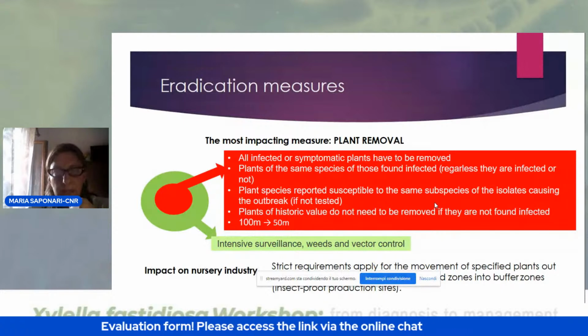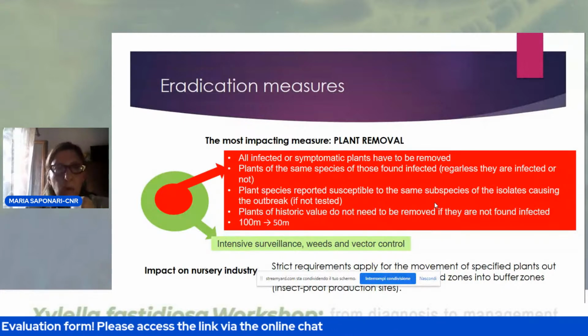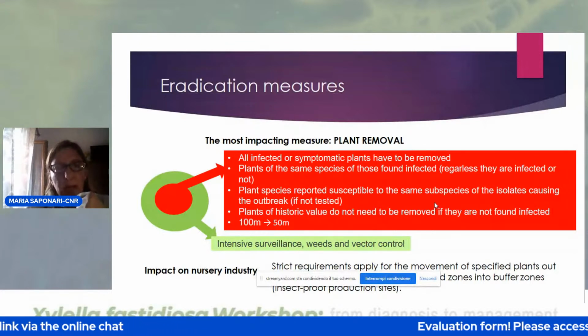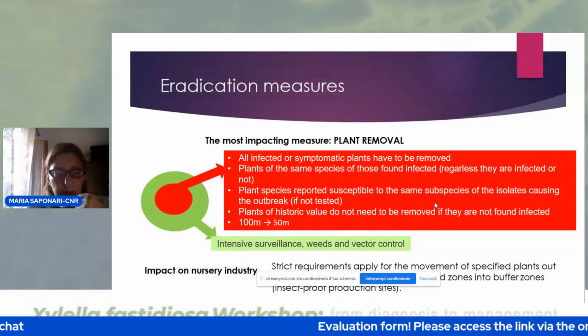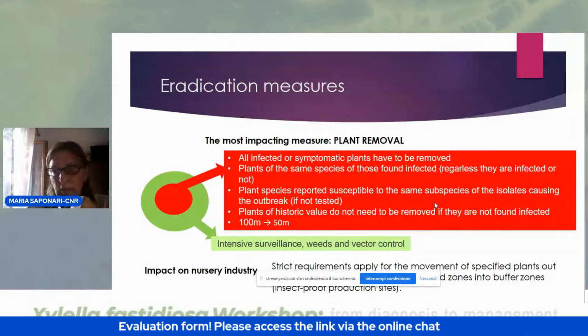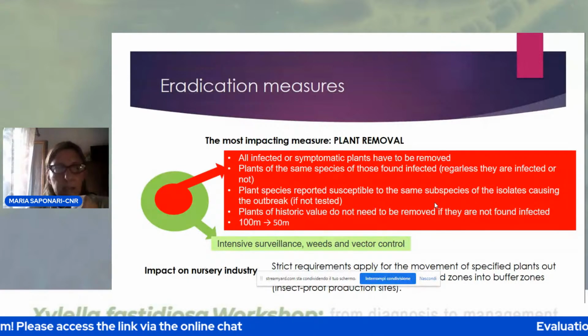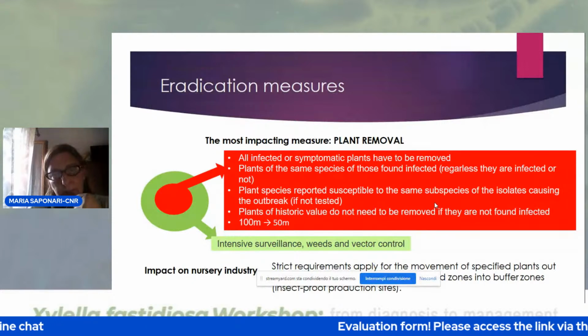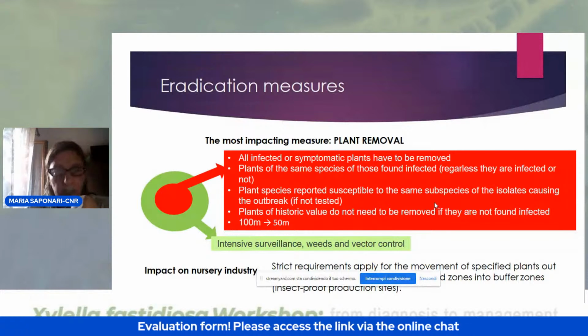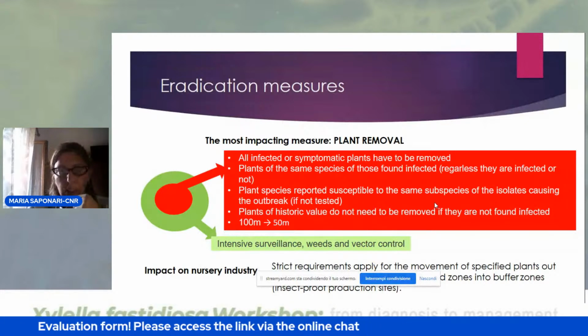So it is quite impossible for nurseries to move plants outside of these areas. So it is quite difficult to continue their business unless they switch to production under controlled conditions like greenhouses or insect-proof sites.